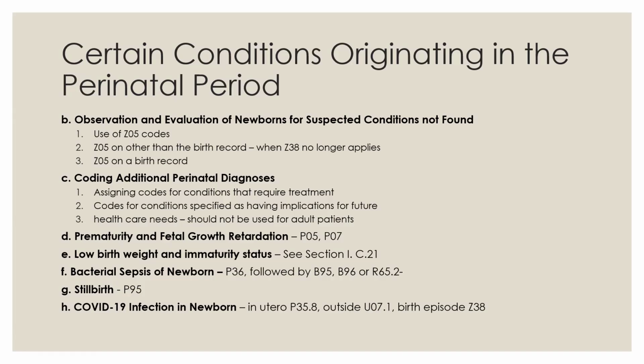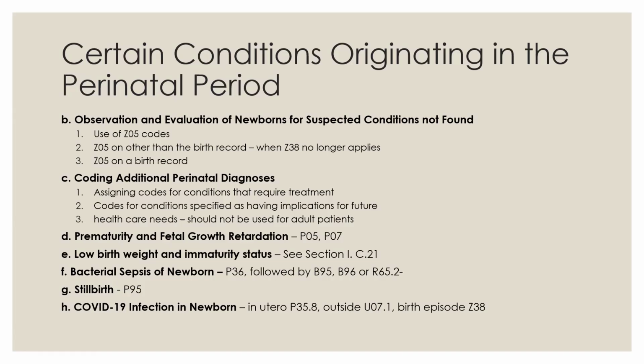If the P36 code does not include the causal organism, assign an additional code from category B96. If applicable, use additional codes to identify severe sepsis from subcategory R65.2 and any associated acute organ dysfunction.